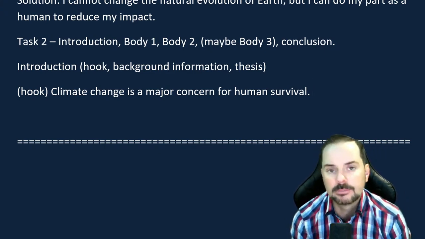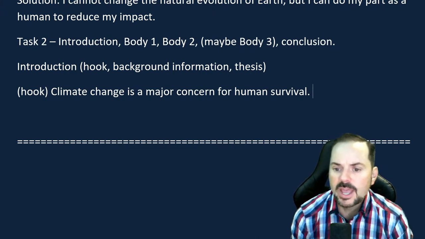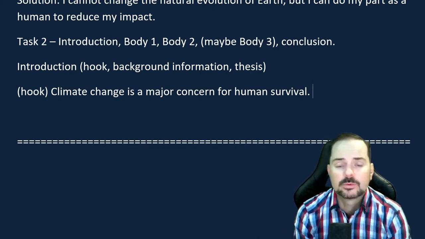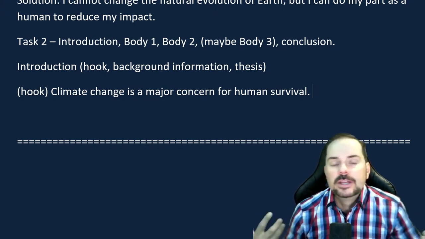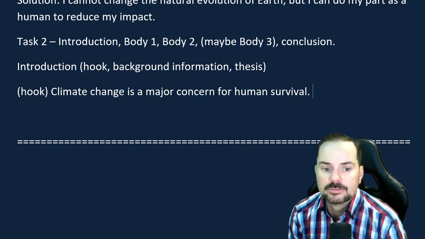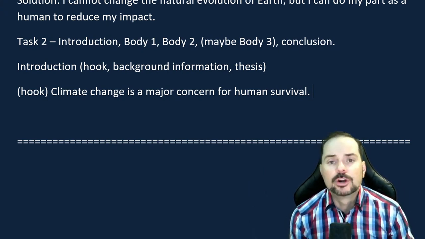Why are we talking about this? Well, obviously, humans want to survive, and climate change is a serious worry, right? We're all like, oh, what do we do, right? If I go out and I'm burning up in the summer heat, that makes me worried, right? So climate change is a major concern for human survival.